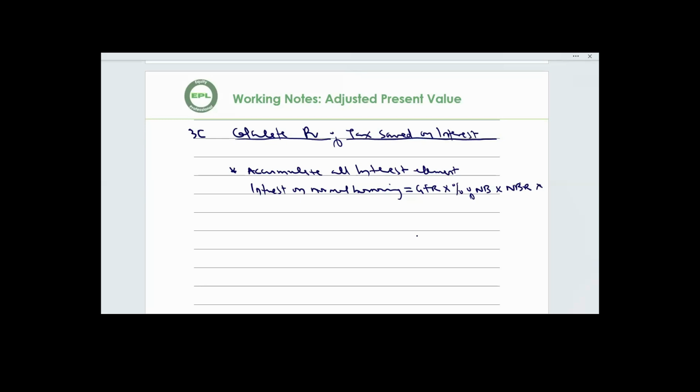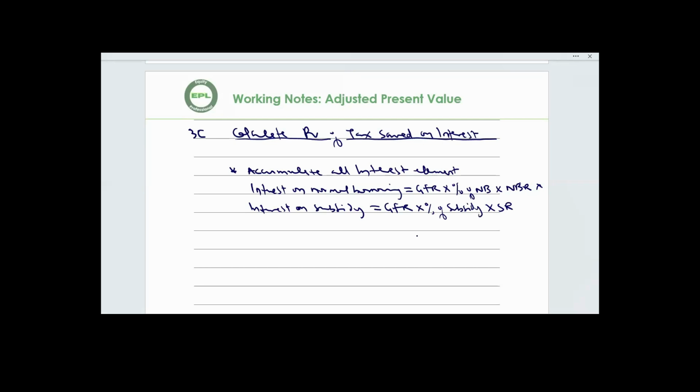Then you take the other one, which is the interest on subsidy. The interest on subsidy, again, is the gross finance required. You've already done this under subsidized loan. Gross finance required multiplied by the percentage of subsidy, multiplied by the interest rate on subsidized loan.